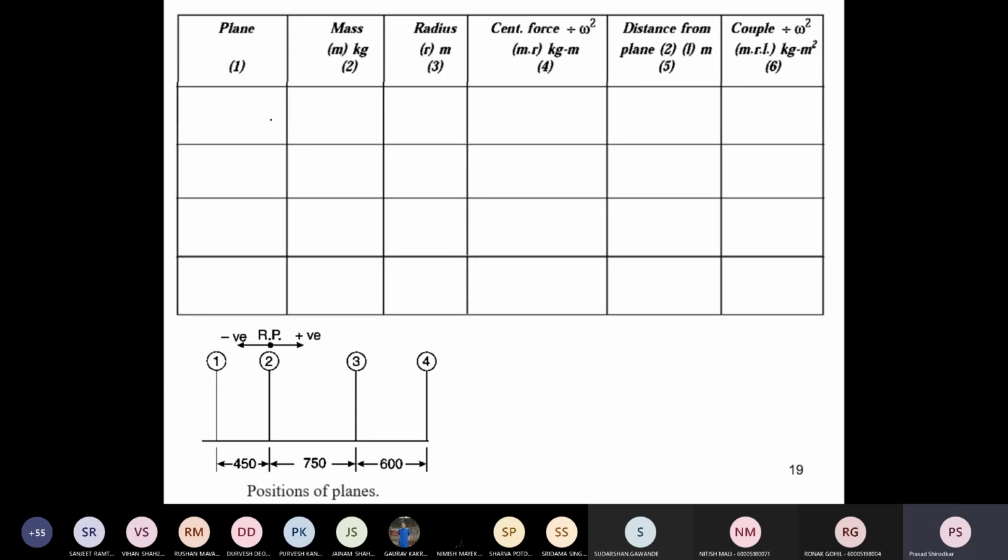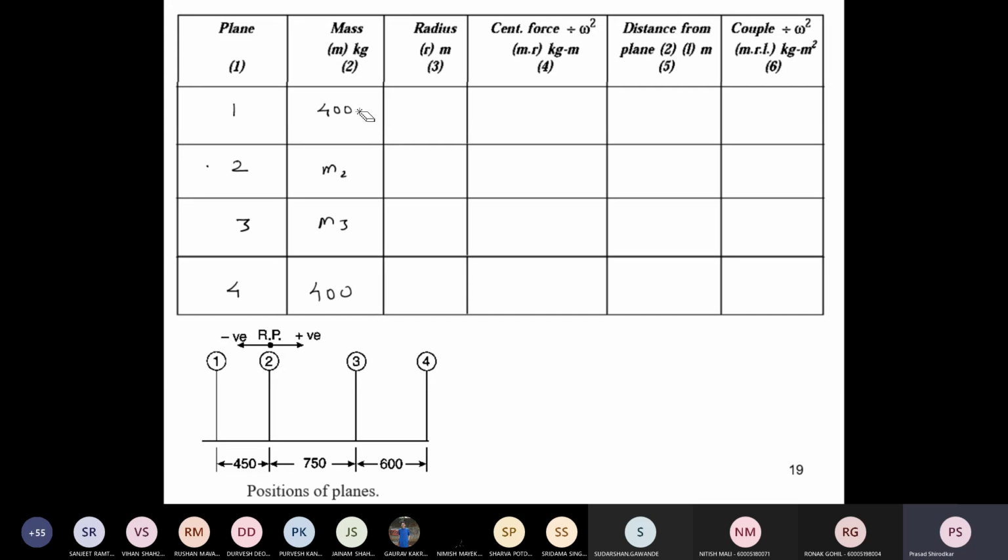We are going to prepare this table. There are 4 masses, so 4 planes of rotation: 1, 2, 3 and 4. Masses are 400 kgs, M2, M3, again 400 kgs.